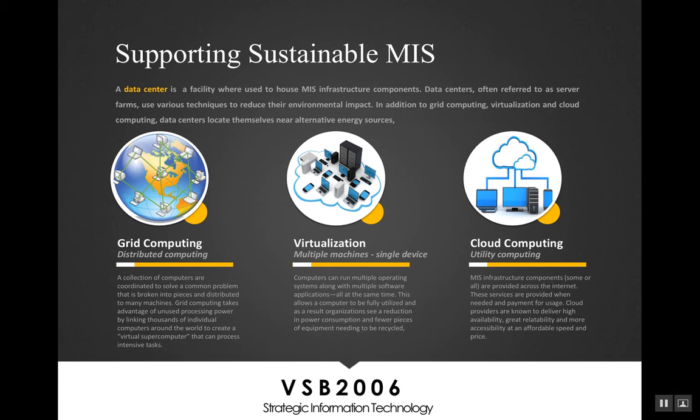So combining grid computing, which is the coordination of multiple systems across the network, virtualization, as we talked about, with multiple machines on a single device at the same time, or cloud computing, which is utility computing. All of these have advantages and lend themselves towards providing the ability to have a sustainable MIS.